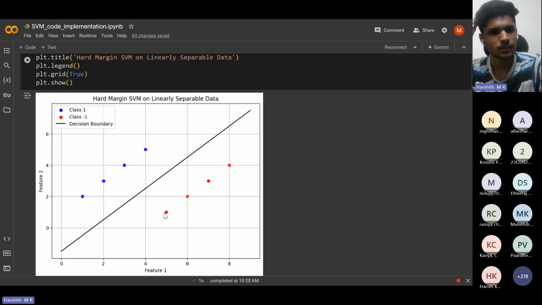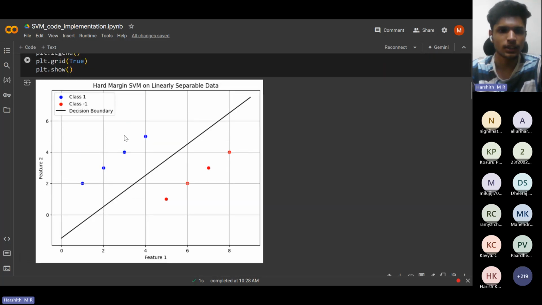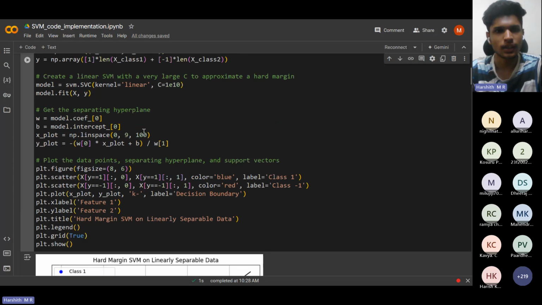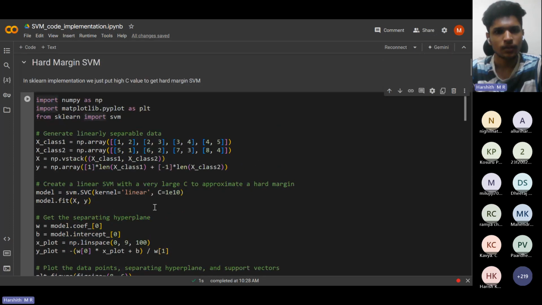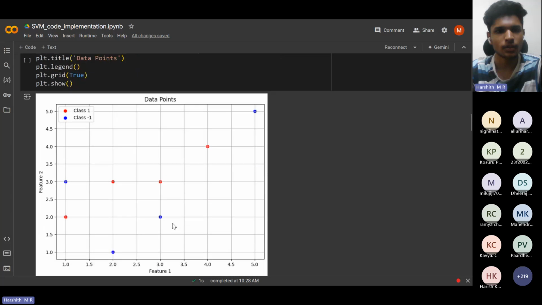The y times (w times x plus b) should be greater than or equal to 1 for all points. So when you have a blue point on this side of the plane, that won't satisfy the constraints, and our hard margin SVM would train for a long time and won't give you an output. You guys can change this value to be small and put in non-linear data, and you can test it.